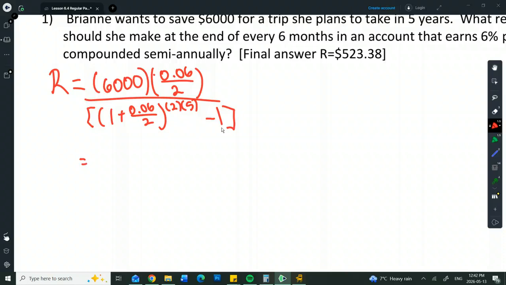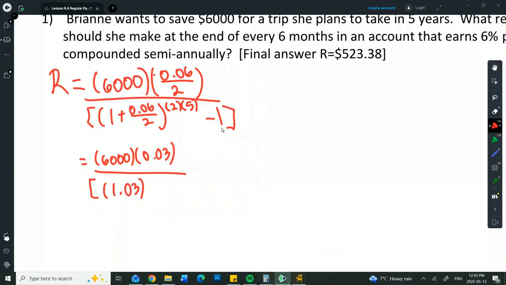Before we enter this into our calculator, one thing that we might do is just simplify some of the fraction stuff here. So that's 0.03, and then this will be 1.03 to the 10.